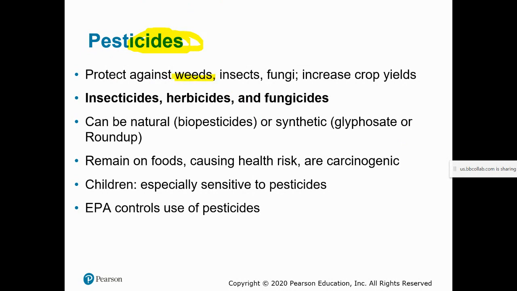So something that would kill various weeds, other plants that you don't want around, insects, fungi, bacteria. The point in using pesticides is to try to kill off anything else that might use up the resources that your crop would otherwise use to grow itself.